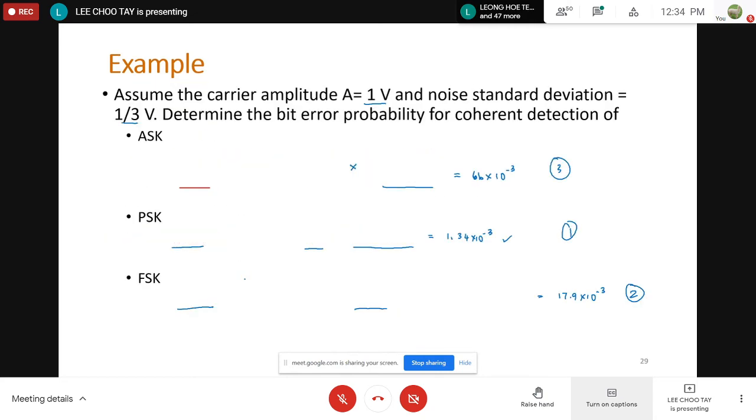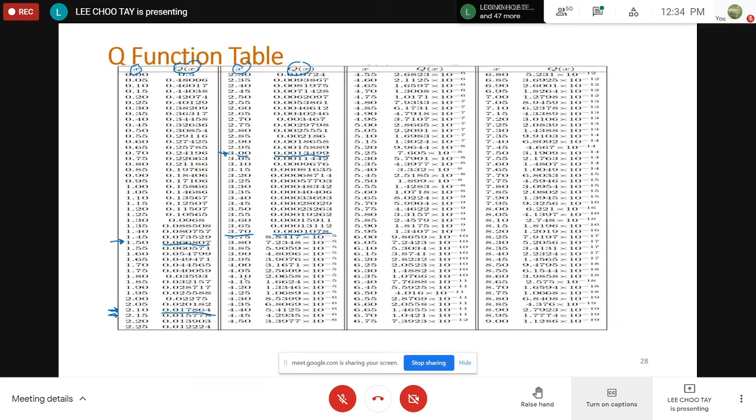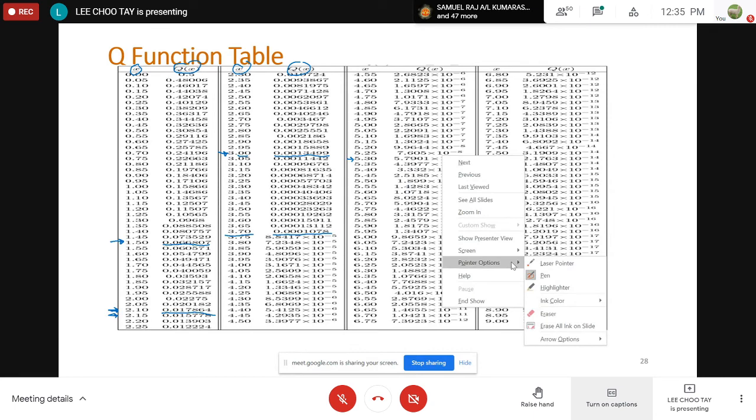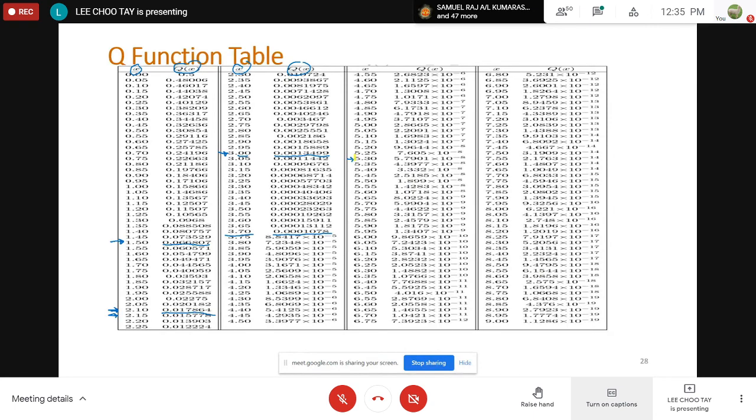So let's get back to the Q function table. You can see this value over here. Let me highlight it. 5.3 will give you 5.79 times 10 to the power of minus 8, and 5.35 will give you 4.3977 times 10 to the power of minus 8.